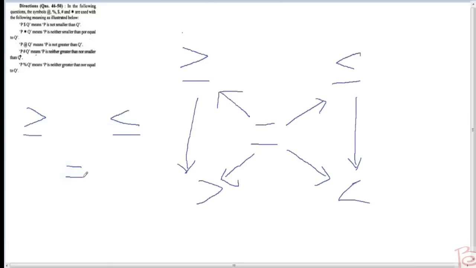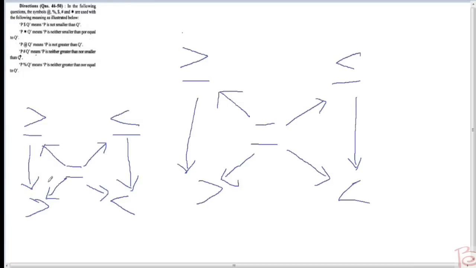In the middle you have to put equal to, then below greater than or equal to you have to put greater than, and below smaller than or equal to you have to put smaller than. And the direction of the arrow will be from the center, going towards all directions, and it will move from top to bottom.